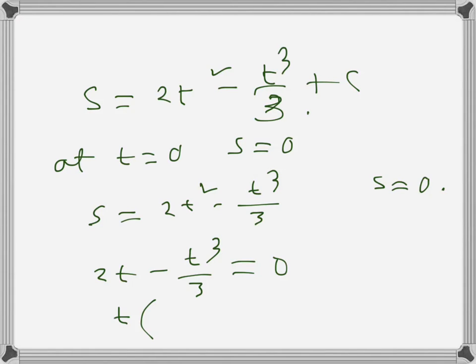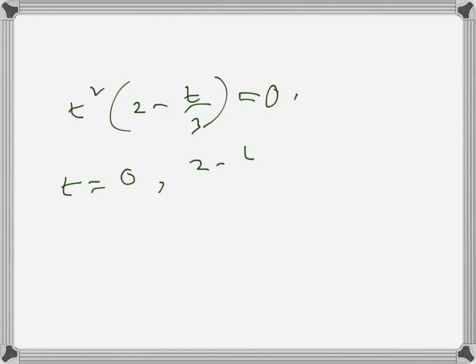So here, 2t square minus t cube over 3 is equal to 0. If I take t square out, it would be t square times 2 minus t over 3.